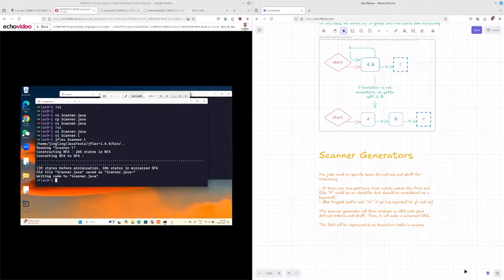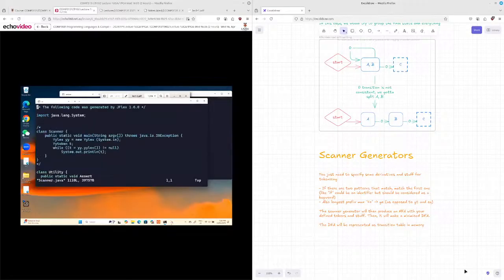As you can see, the scanner generator says, firstly, I'm going to build an NFA, which happens to have 265 states. Then I'm going to apply a subset construction to get a DFA, which happens to have 139 states. After that, I'm going to minimize the number of states. I get a DFA with 106 states. This is the scanner generated automatically by the scanner generator.